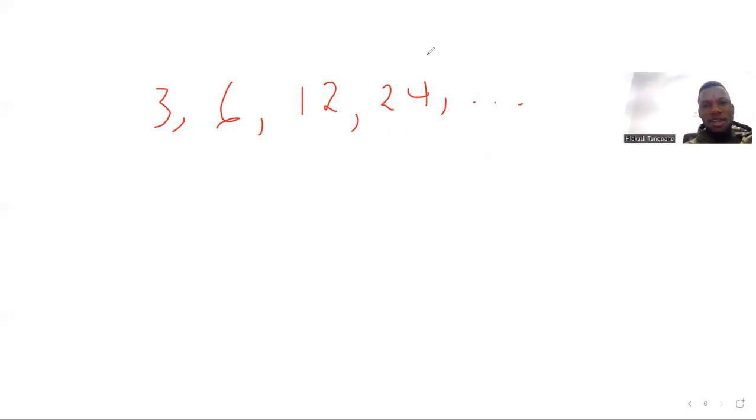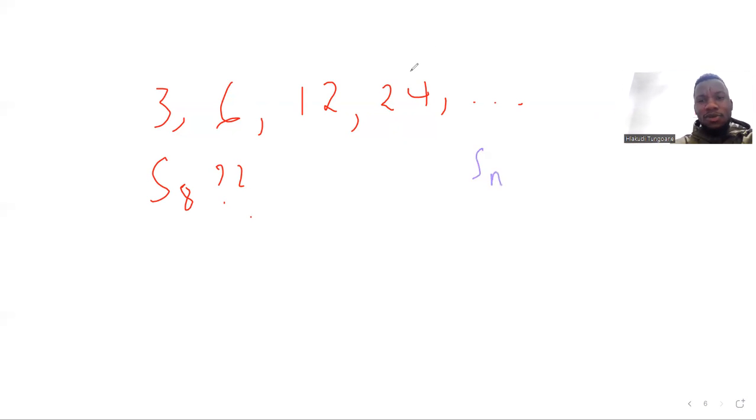And then they ask you to determine the sum of the first 8 terms in this sequence. So you know that we will need the Sn formula, right? What is Sn?